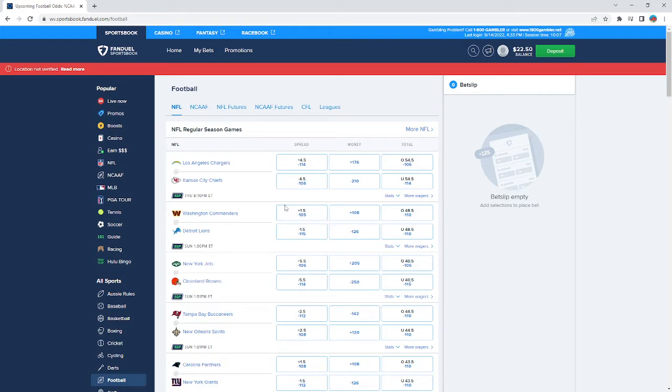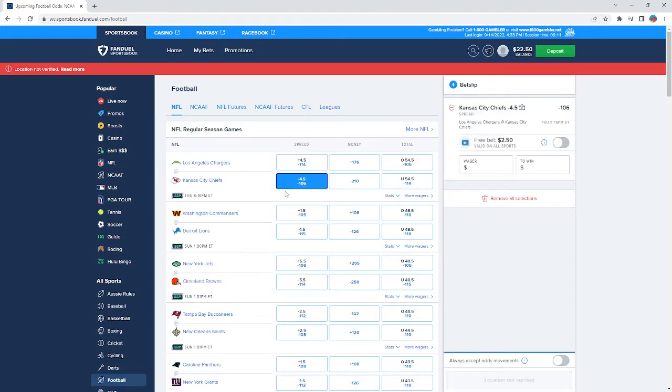The reason for this is that in this situation, with the Kansas City Chiefs a minus 4.5 favorite, they are expected to win this game. If you bet on them covering the spread at minus 4.5, they have to win by 5 points or more. You want it to come in above this number.